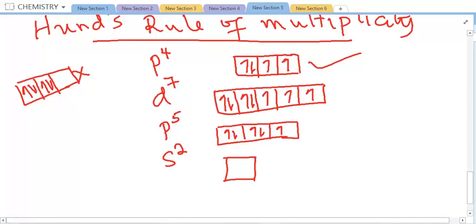That is obeying Hund's rule of multiplicity. For this s that has 2: 1, 2. So how many electrons are unpaired here? 0. Here? 1. Here? 3. Here? 2. That is how Hund's rule of multiplicity is explained.